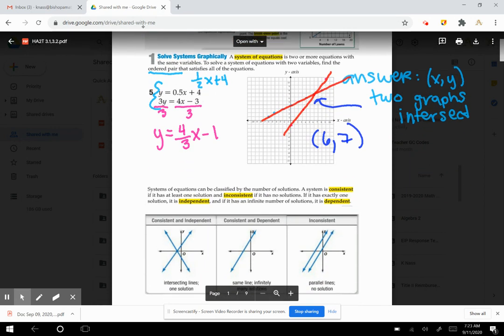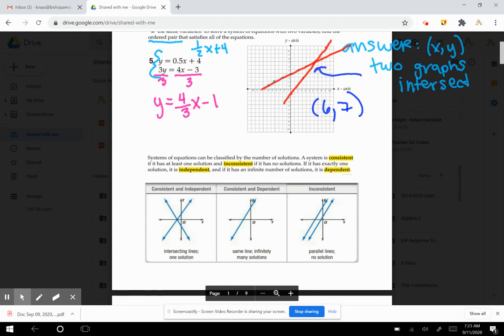Now, we're going to look at 3 things, and we have to memorize these, okay? We have an independent solution, we have a dependent solution, and we have an inconsistent solution. So independent solution would be like what we just did. It intersects, there's intersecting lines, and it's one solution.